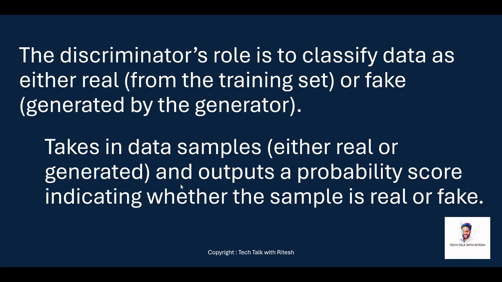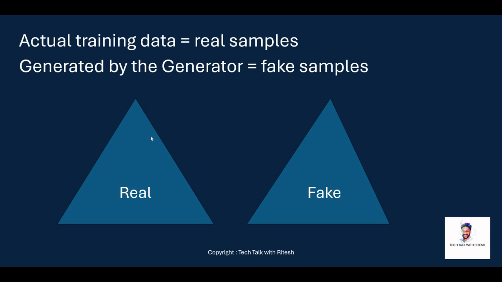Discriminator. The discriminator's role is to classify data as either real, meaning the data is coming from the training set which is already fed in, or fake, generated by the generator. It takes in a data sample, either real or generated, and outputs a probability score indicating whether the sample is real or fake.